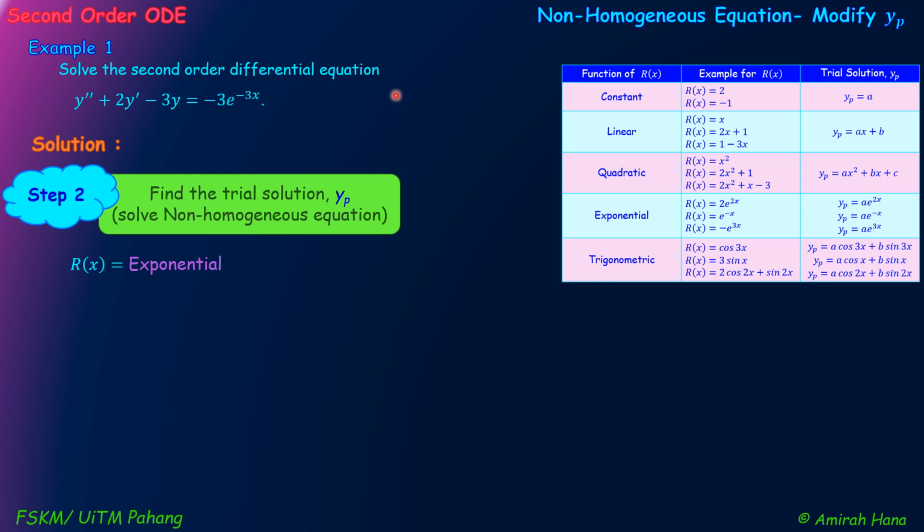Now we have right hand side equals to -3e to the power of -3x. Referring to this table, we can write the trial solution yp equals to a e to the power of -3x. Okay, we follow this table, right?